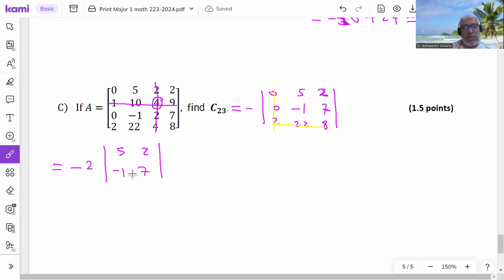So it is the element times its cofactor. This is a difference between finding the cofactor itself and finding the determinant. We find the determinant by multiplying the element by its cofactor. So the element here is 2, and the cofactor is this one. So the answer is -2 times 35 plus 2, that's 37, and the answer is -74.